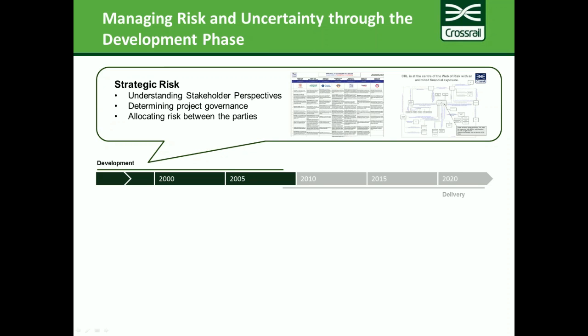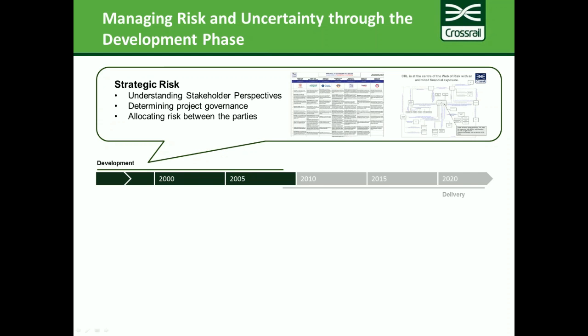As you can imagine, a project like Crossrail, with all the interfaces and interests from London and the whole of the South East, has an enormous number of stakeholders. So there was a really good exercise done in understanding stakeholder perspectives, and that really fed into determining the project governance that we ended up delivering the project with.